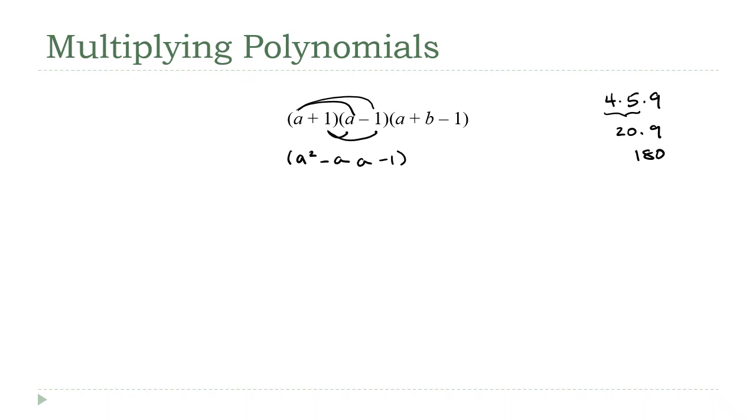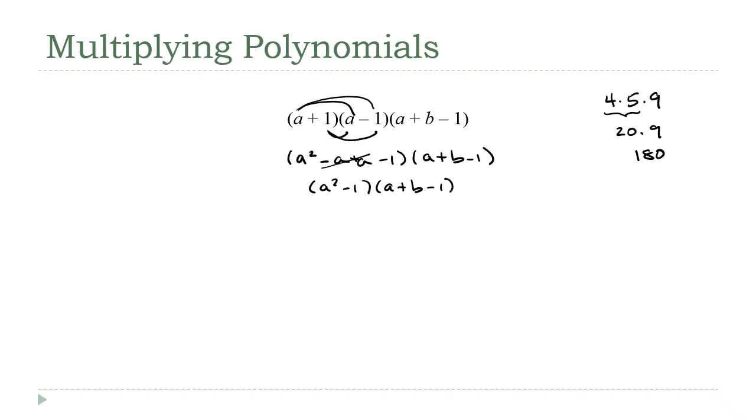Because I need to multiply the whole thing by this a plus b minus 1, which I'm just going to bring down. We're just going to let that float along out there for a minute until we get this first part straightened out. Now in here, let me get the plus in there, minus a plus a, that's 0. Those two parts cancel. So all that's left here is a squared minus 1 times a plus b minus 1.